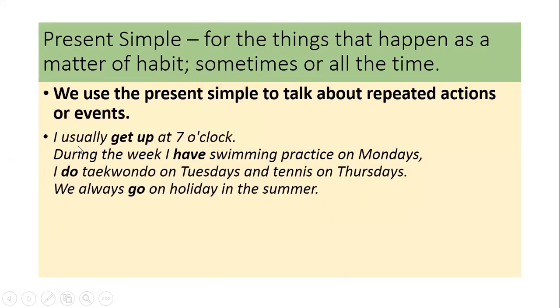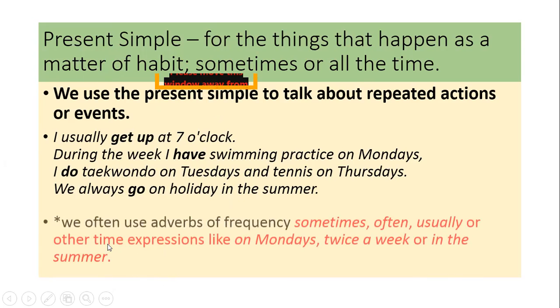Here I have some examples. I usually get up at 7 o'clock, the habitual action. During the week I have swimming practice on Mondays. So this way present simple is used for the things that happen sometimes or all the time, and to express our matter of habits.